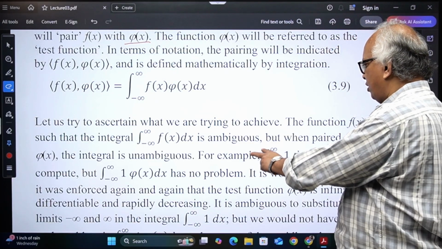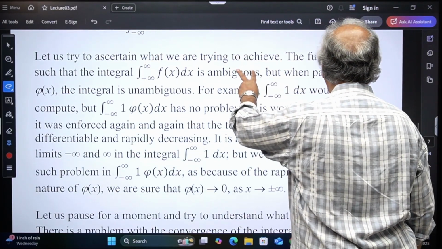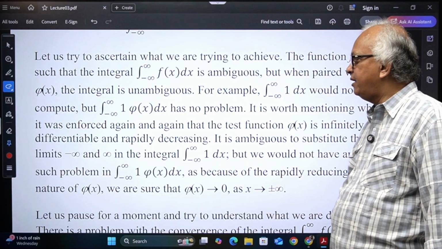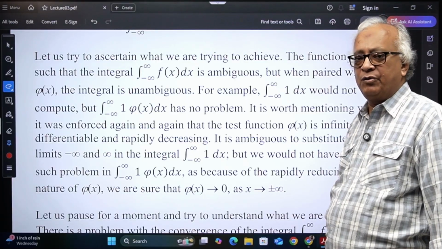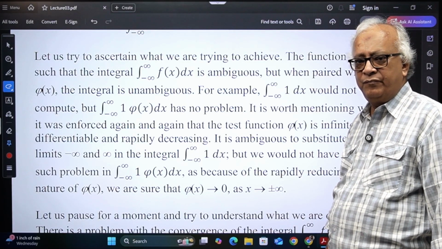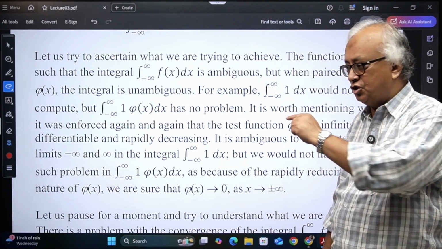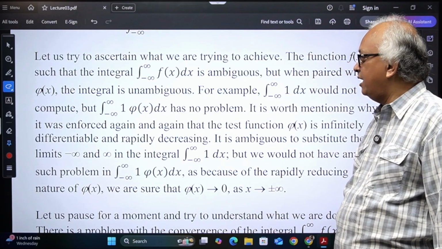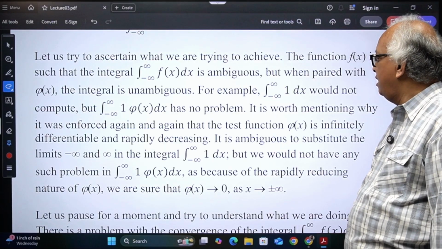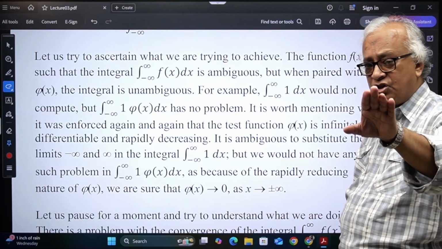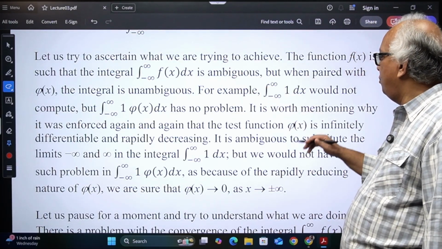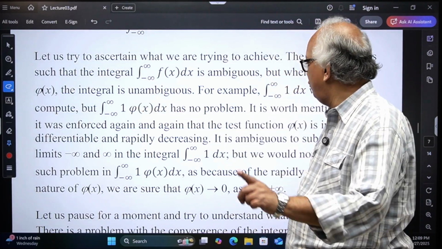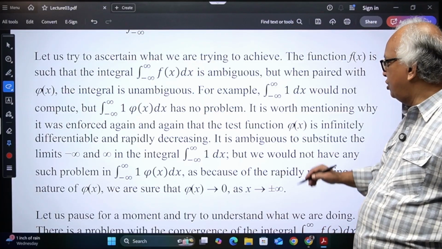Let us try to ascertain what we are trying to achieve. The function f(x) is such that the integration of f(x) dx is ambiguous. খুব simple example দিচ্ছি আমি এরপরে. মানে এটার কোনো সেন্স হচ্ছে না, আমি লিমিট বসাতে পারছি না. But when paired with phi(x), the integration is unambiguous. For example, look at this.